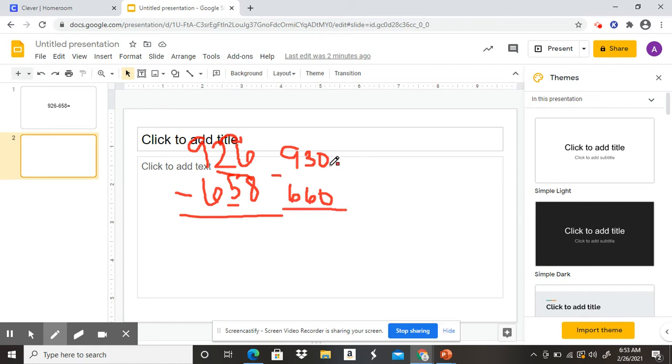So now that I have my numbers rounded, I can find my estimate. Like I said, I'm going to use a number line to show that subtraction is comparing the difference between two numbers. So there's my number line. I start at 660, and I have to make it all the way to 930 to find the difference between those two, okay? So I'm going to add 40 to 660. That's going to be my first hop, because when I add 40 to it, it gets me to a hundreds place, which is 700.